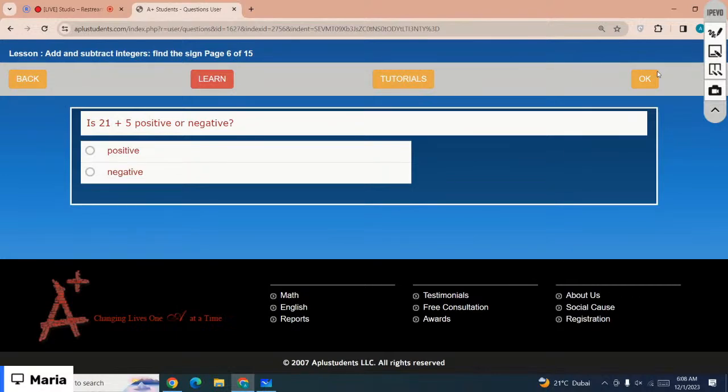Is 21 plus 5 positive or negative? Yes, it is positive because both the numbers are positive, so the answer must be positive.